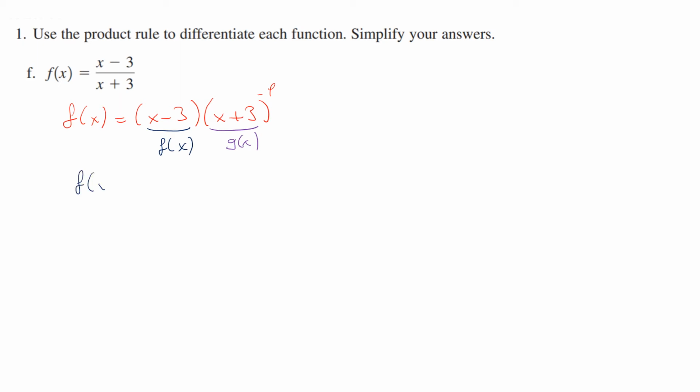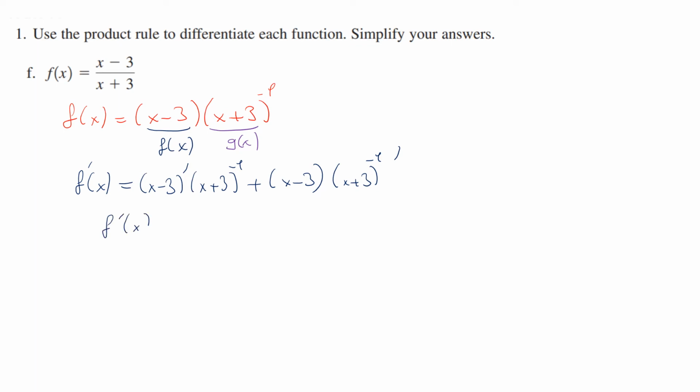I'm going to say f'(x), where I take the derivative of f(x), so take the derivative of x minus 3, right? g(x) stays the same, so x plus 3 to the power of negative 1, plus keep f(x) same, so x minus 3, and now take the derivative of g(x), which would be x plus 3 to the power of negative 1, but put prime.